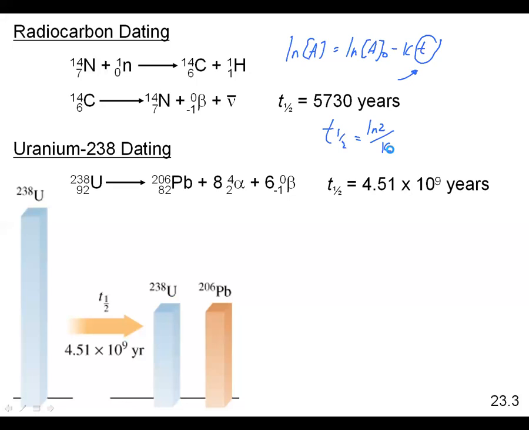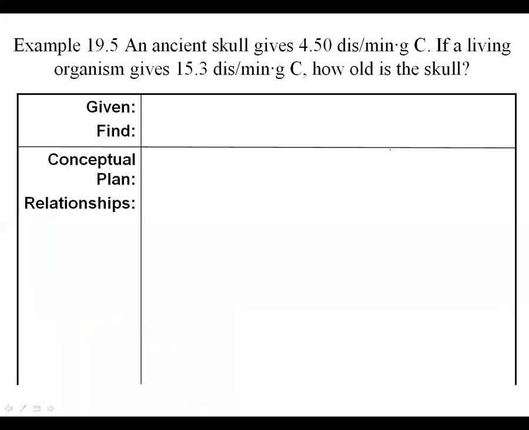Why don't you give it a try, see what you do here. So an ancient skull gives 4.5, and that's disintegrations per minute per gram of carbon. So this right here is a unit of radioactive decay. And this is not Celsius, this is actually carbon. And that's disintegrations per minute per gram of carbon.